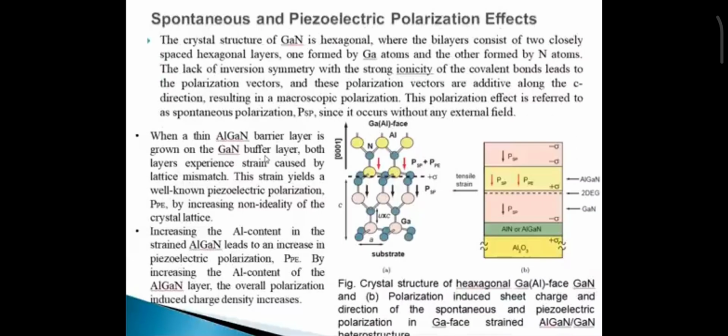Another of the most important effects in a HEMT device is the spontaneous and piezoelectric polarization effect. The crystal structure of gallium nitride is hexagonal, where the bilayers consist of two closely spaced hexagonal layers, one formed by the gallium atoms and the other formed by the nitrogen atoms.